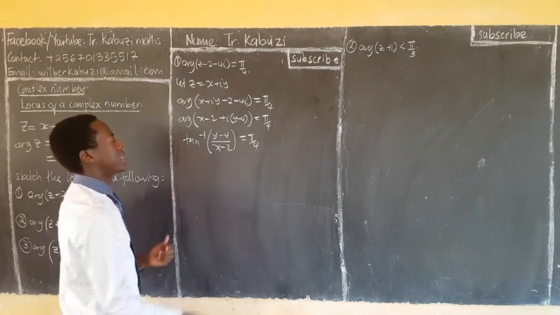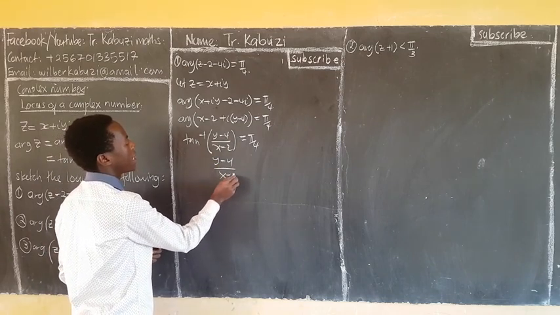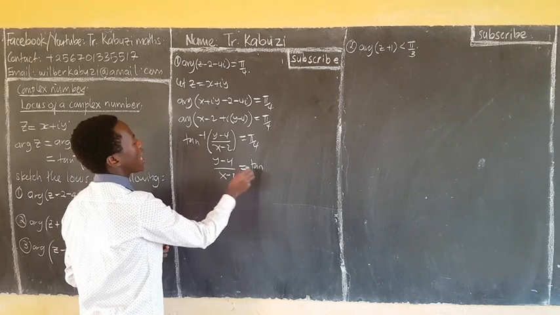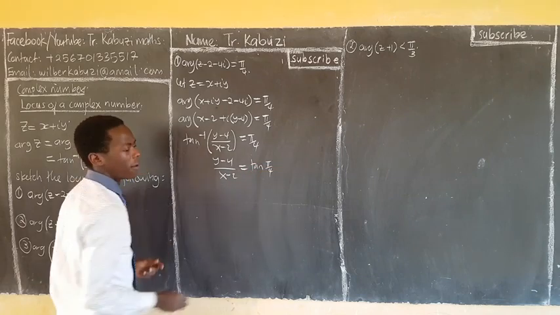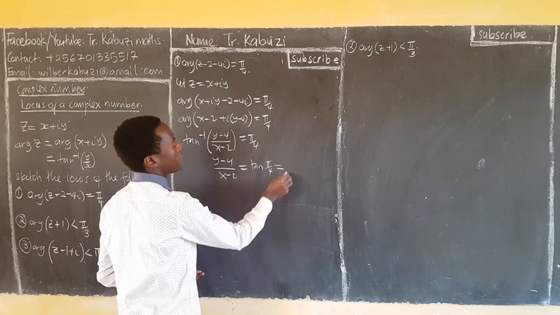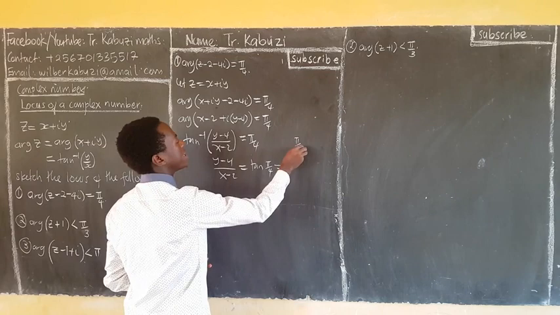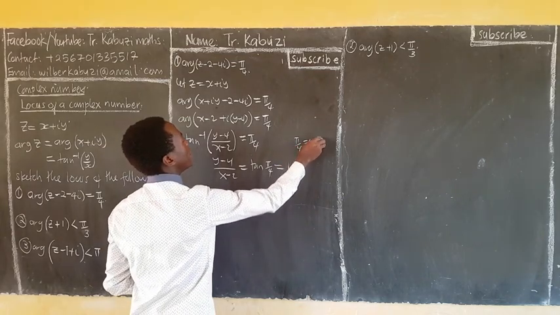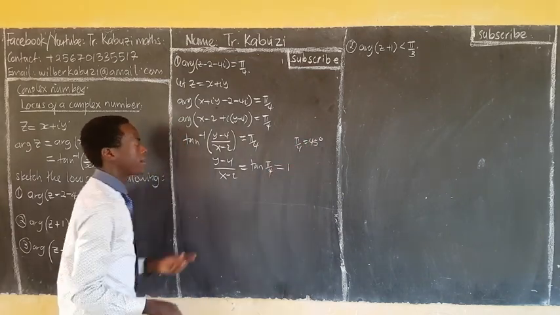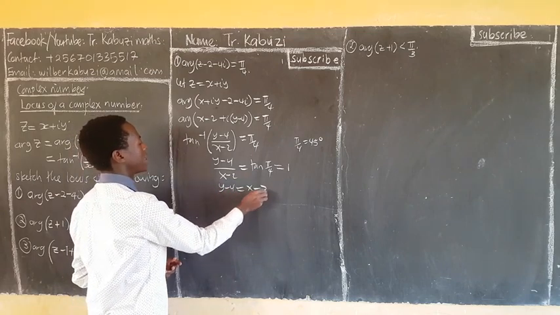Now when I take this to the other side, I have (y minus 4) over (x minus 2) equaling tan pi over 4. Remember tan pi over 4 is the same as tan 45 degrees, which is 1. Cross multiplying, we have y minus 4 equaling x minus 2.